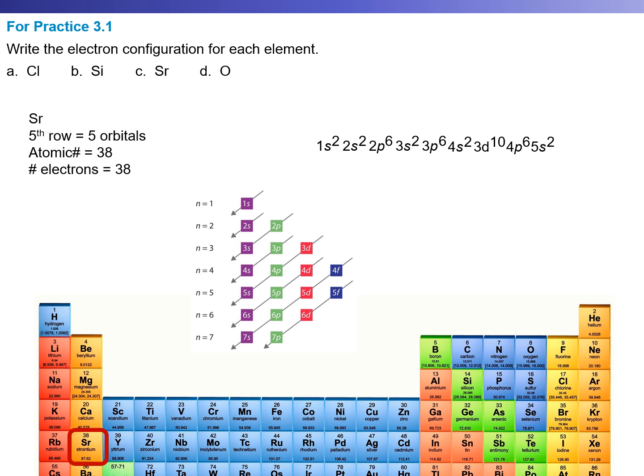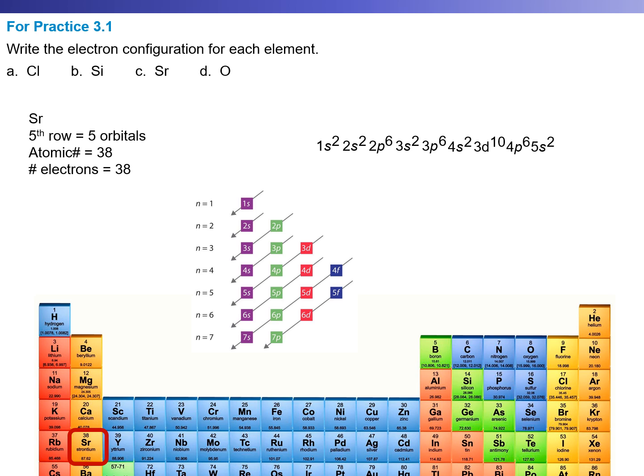So what does this mean? Well, it means that here is the 1s, here is the 2s, here is the 2p, and we know that when we get to 3 we have to account for a d. So here is 3s, here is 3p, and then here is 3d. All right.